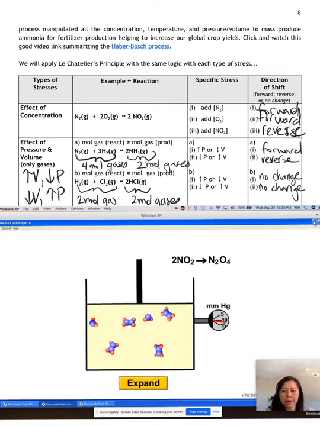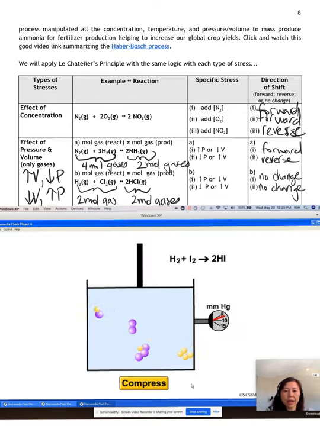So let's go ahead and look at another scenario, another reaction. In the second reaction, once again, the error is the arrow. You'll see the reactants, which are the yellow ones, the hydrogen diatomic molecule, and the purple ones, the iodines, and there are 2 hydrogens and 2 iodines.